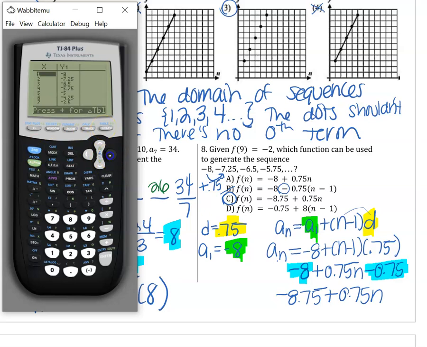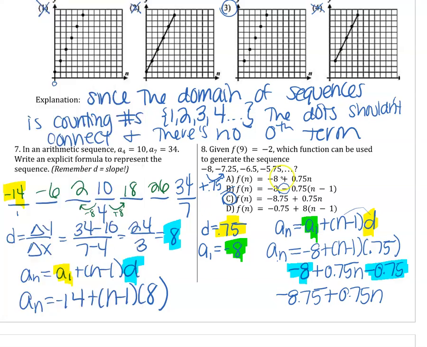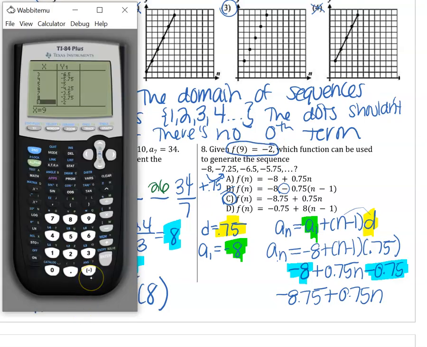So there's my first term at -8, and it looks like it keeps going up by 0.75, which is what we expected. And look at that. Your ninth term is -2. So you'll notice that I didn't end up even using this in the solution of my problem, but it was extra information that I could double check in my calculator if I wanted to.